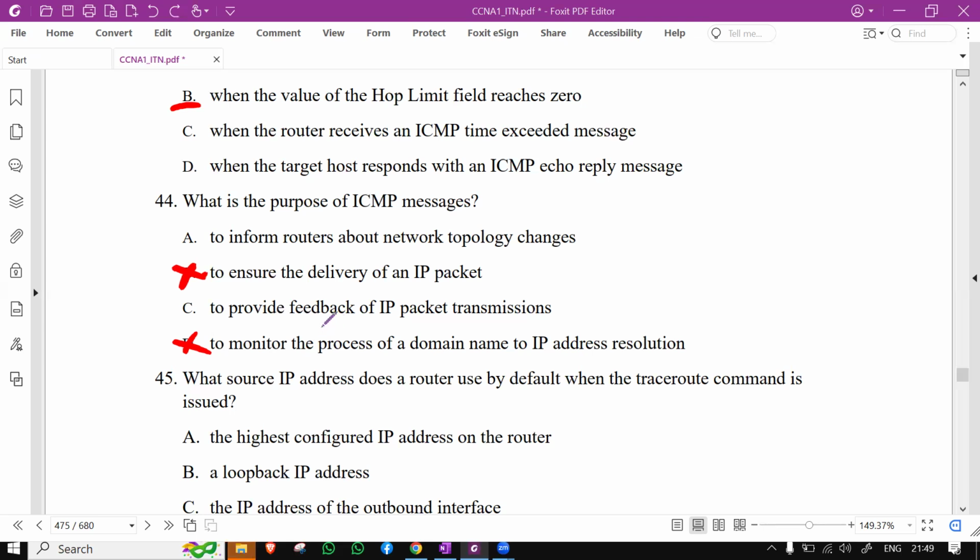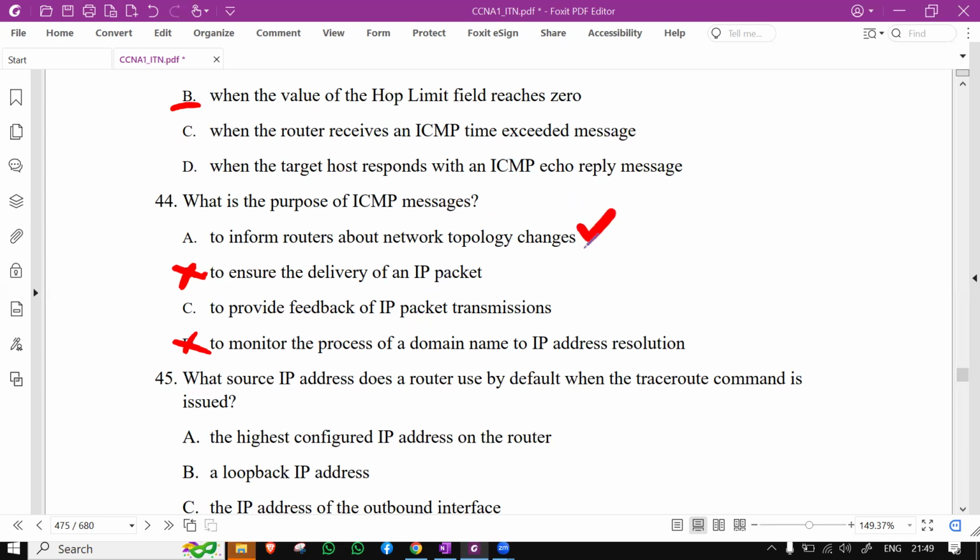What I know is ICMP messages can be used to inform routers about network topology changes. RA and RS messages, yes. This question is tricky.